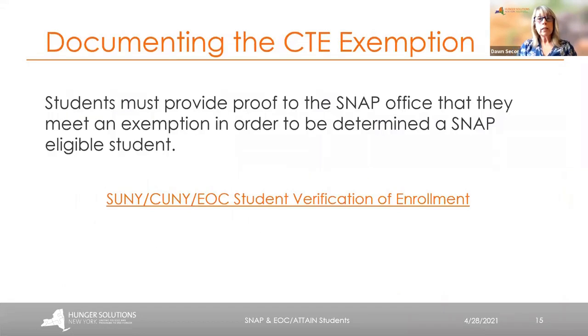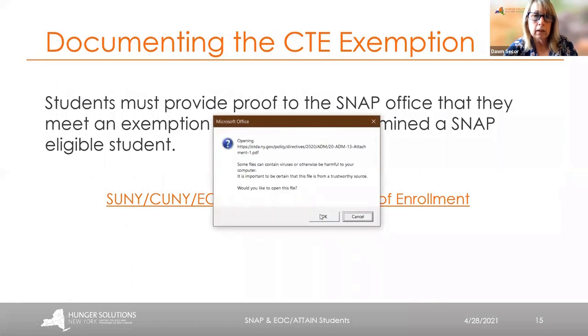So one piece of this that EOCs play a huge role in is documenting the CTE exemption. And I'm going to show you the form that was created by OTDA for all of you and for SUNY and CUNYs, if it lets me. Be able to see this in a second.